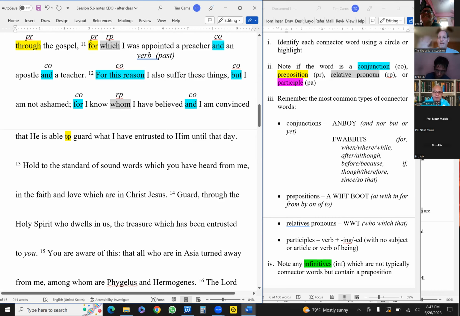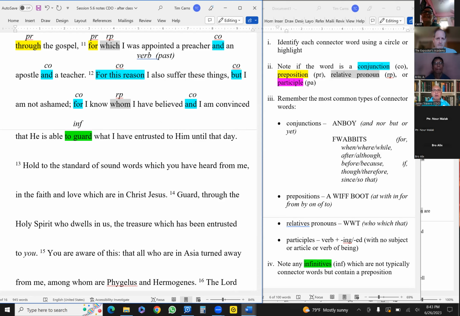He's not talking about a guard, a person. He's talking about guard, the action. So in this case, it is not a preposition. It is an infinitive. So we'll just take note of that. Okay.